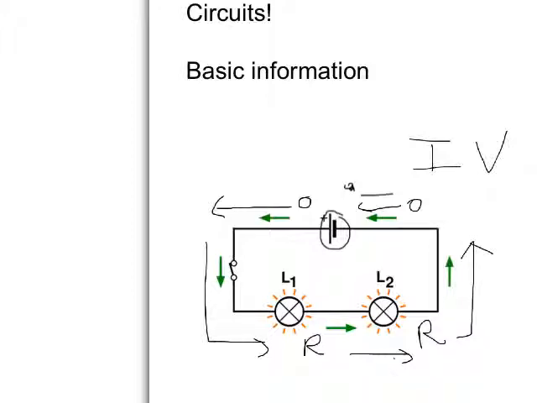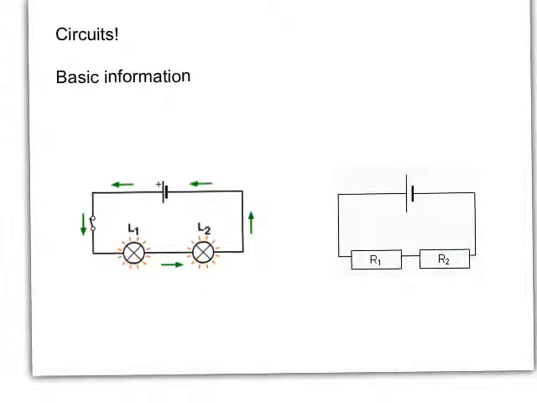It doesn't stop though, just because it loses energy, it just makes it want to go back for some more. It keeps moving. And light bulbs aren't the only things that have resistance. In fact, everything that you put in a circuit, including a battery, including the wires themselves, have resistance. And in fact, you can make things have a lot of resistance. There are little objects called resistors, which have specific resistances, and a whole bunch of other stuff that you'll learn about in a minute.